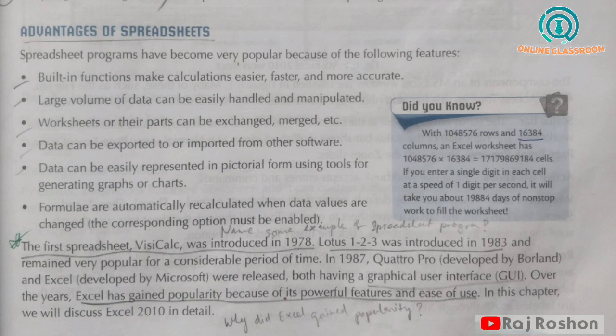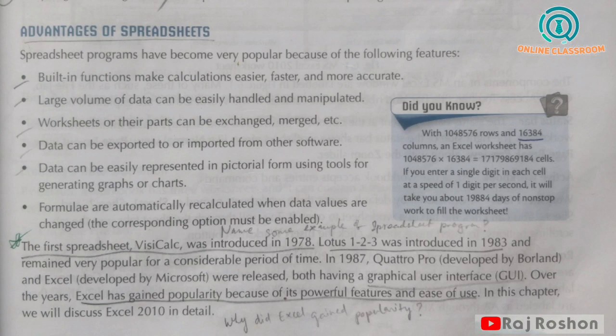Advantages of spreadsheet. Here the advantages are given, you just read it, it is easy, you will understand. When you use a spreadsheet, calculation is easier, faster and more accurate. So this is the first one. Others you read. Now down, if you see, the first spreadsheet, VisiCalc, was introduced in 1978.